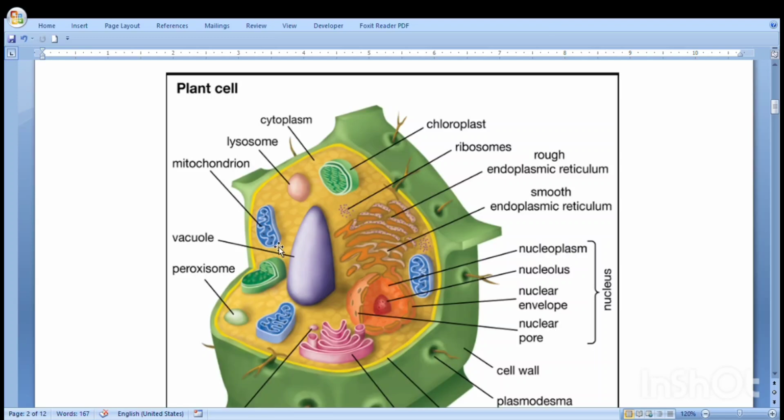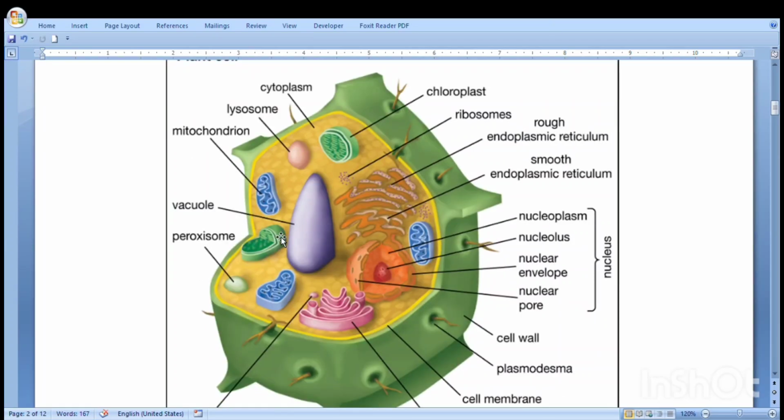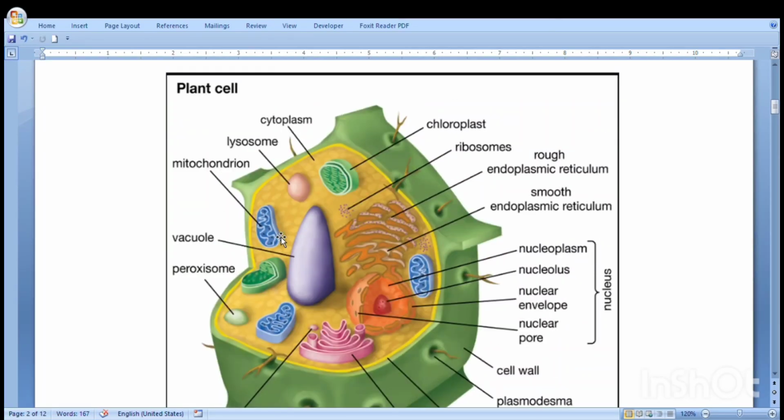So in this mitochondrion, it produces energy in the form of what? ATP. Through the process of cellular respiration, mitochondrion produces energy in the form of ATP.